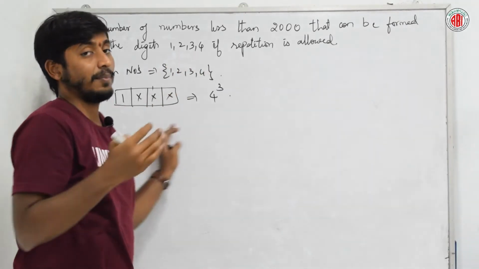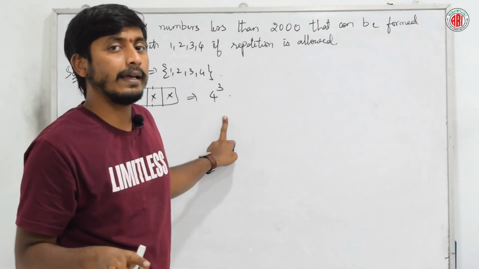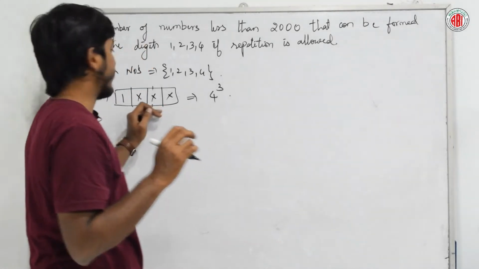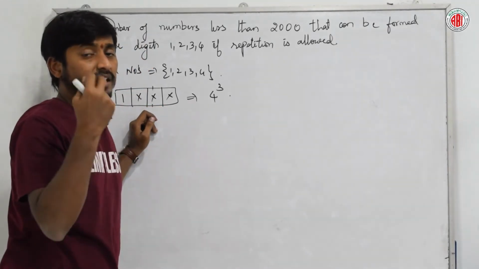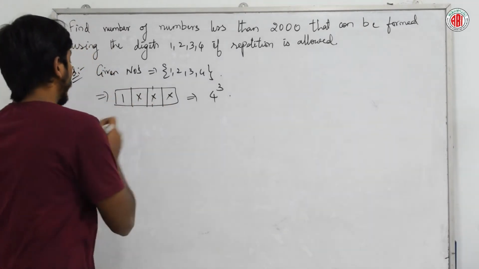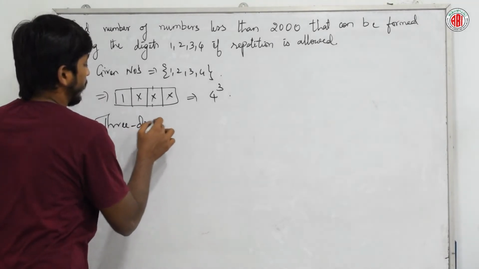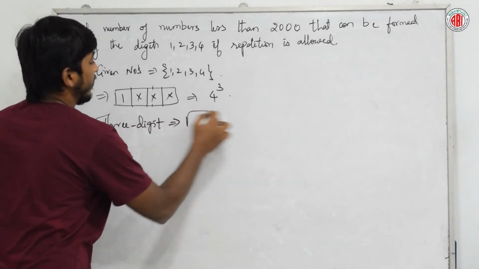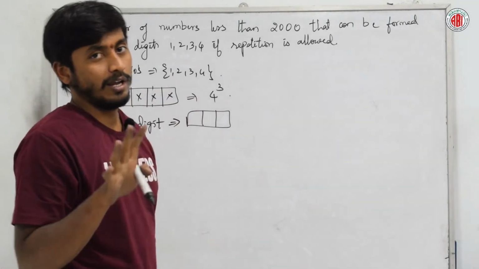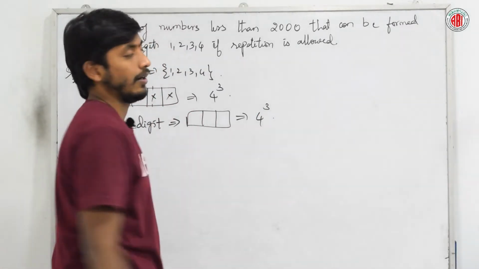So since the repetition is allowed, the permutation is 4 power 3. Is it clear? Fine. Next. Less than 1000. It can be 3 digit, 2 digit or 1 digit. So if it is a 3 digit number, we have 3 positions and 4 numbers, so it is nothing but 4 cube again.